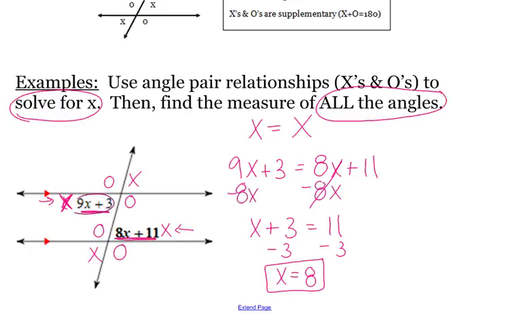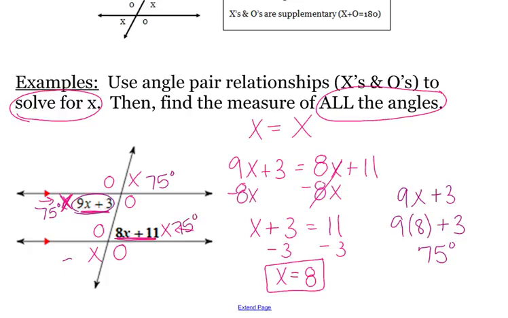So starting with my x right here, I'll plug 8 in for x. So I'm just substituting 8 into 9x plus 3. When all the dust settles, we should find that this is 75 degrees. Now remember, all of our x's are the same. So all my x's are also 75 degrees.